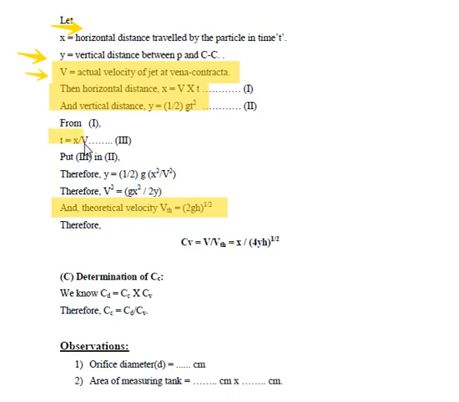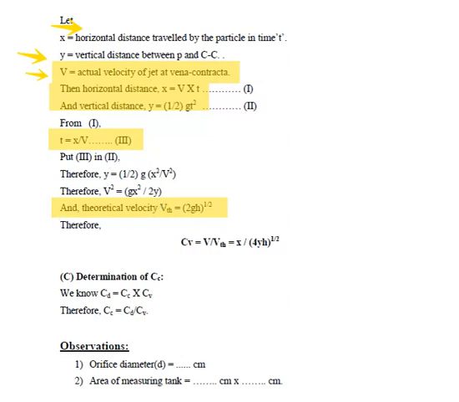Okay, t is equal to x by v, putting 3 in equation 2, y is equal to 1 by 2 g into bracket x square upon v square, and therefore v square is equal to g x square upon 2y.